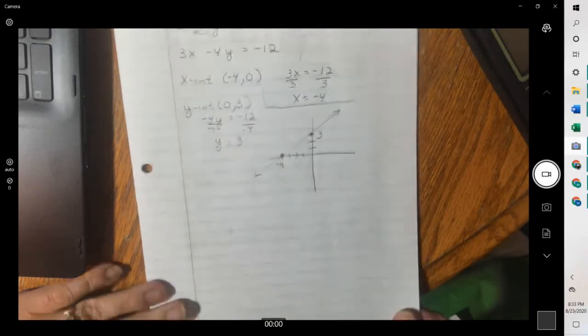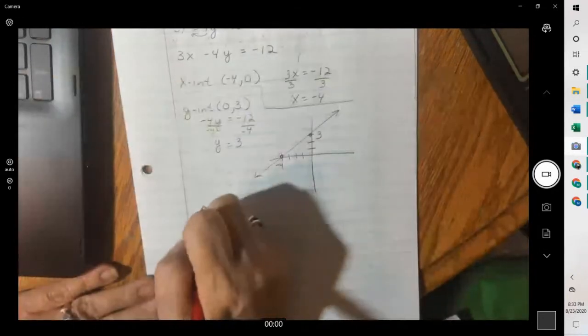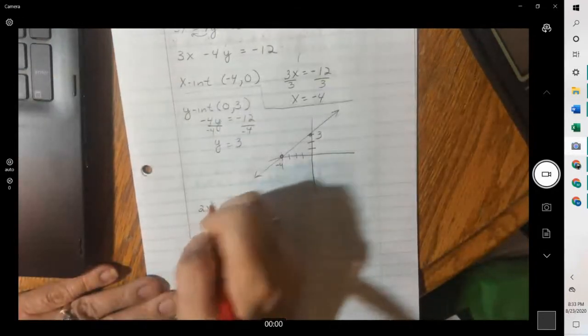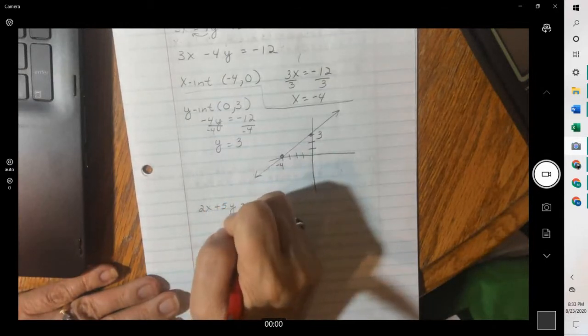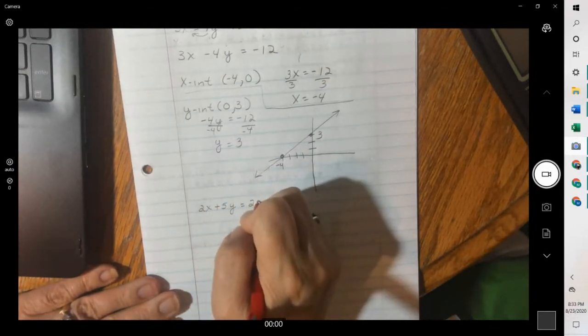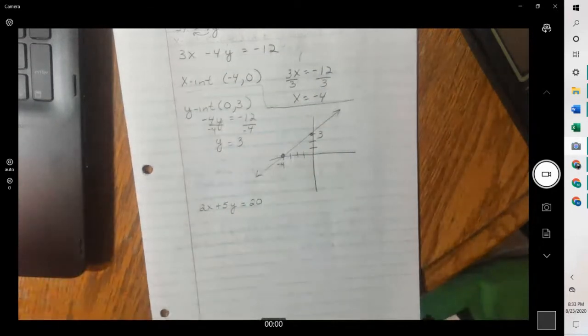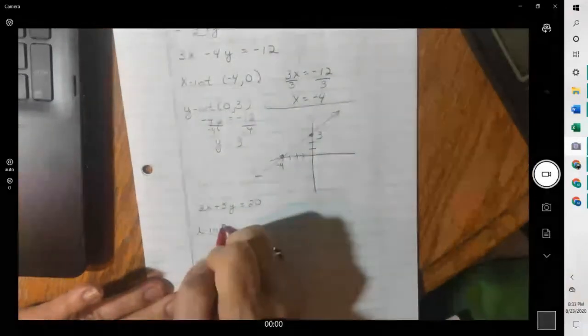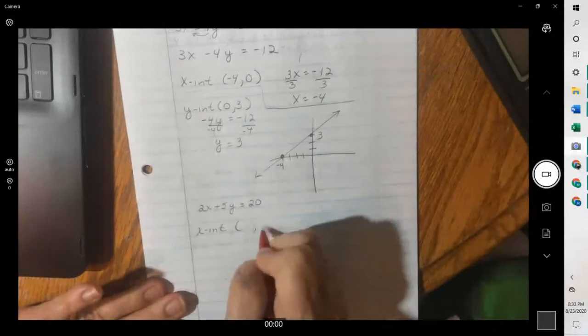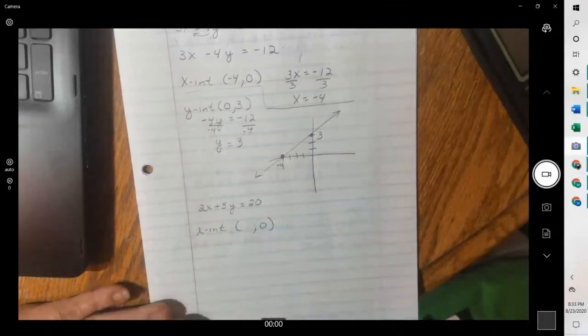Let's try one more. If we had 2x plus 5y equals 20, you want to find the x- and y-intercepts and then graph it. For the x-intercept, y is 0.